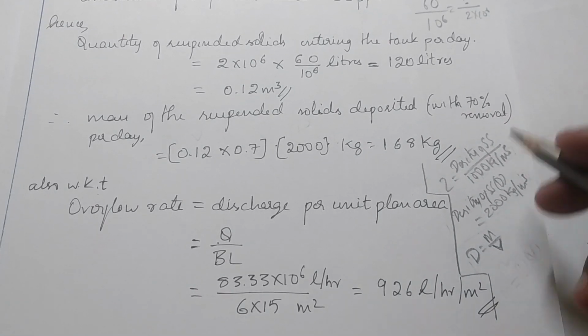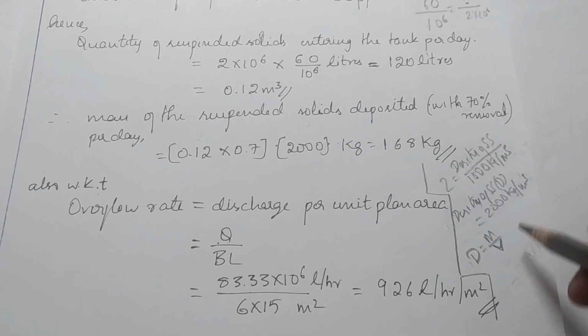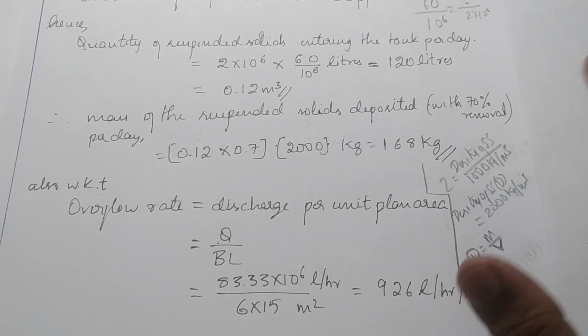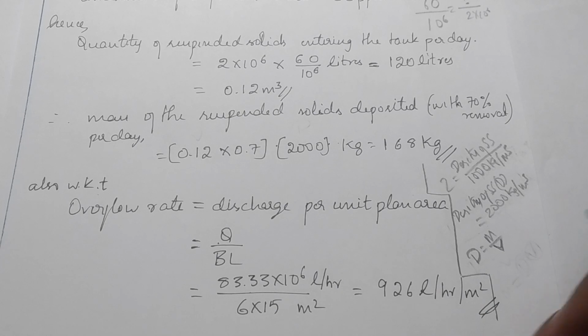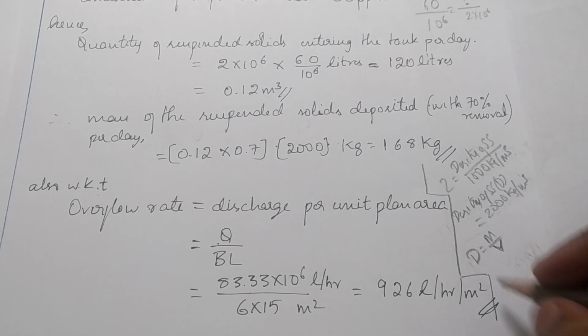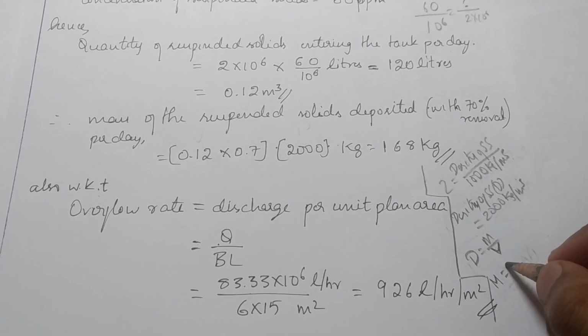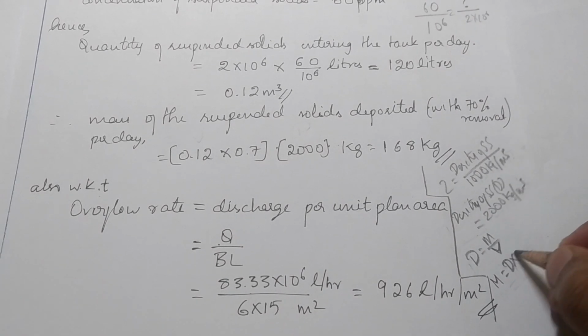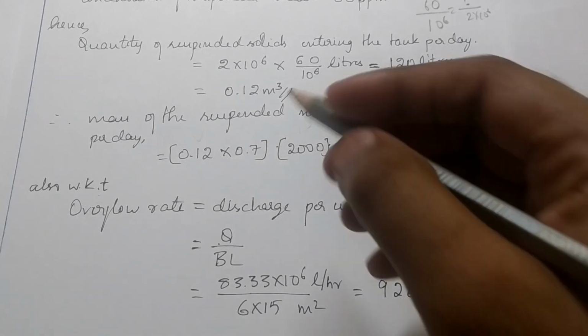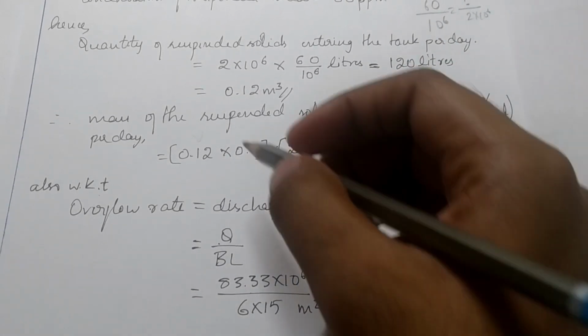Here in this question it is asked to find the mass of the dry deposit that we will obtain after the sedimentation process. So on cross multiplying, mass can be written as density into volume.